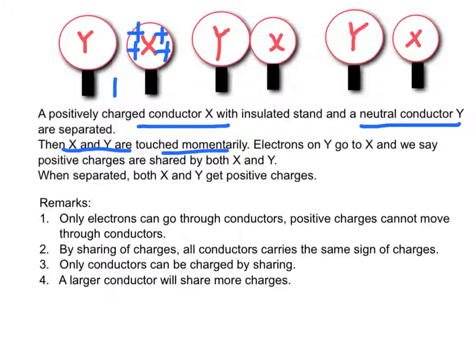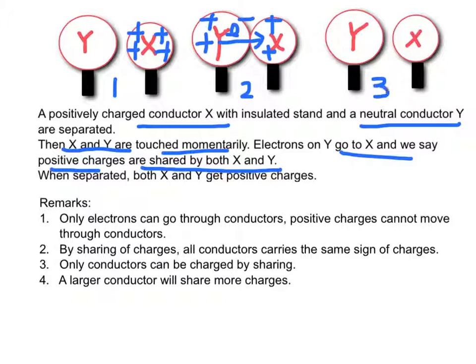When they are touched, the electrons from Y go to X, and we say positive charge are shared by both X and Y. Lastly, when they are separated, both X and Y get the same side of charge, which are positive.